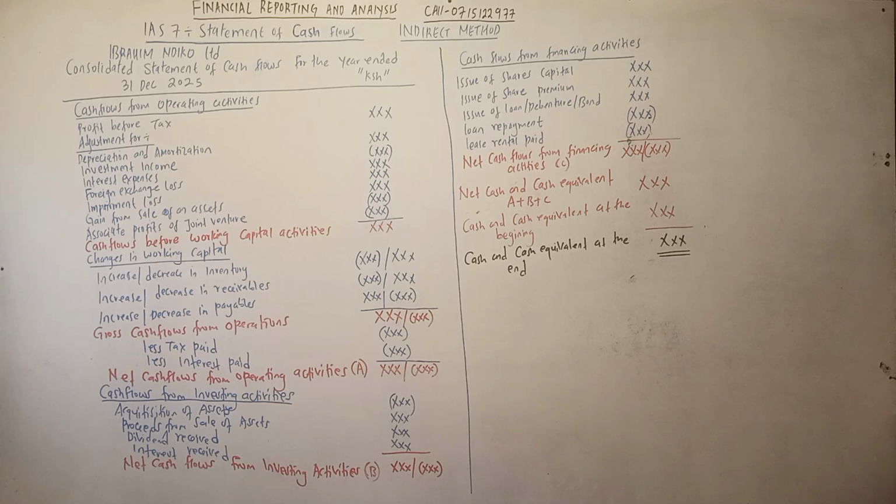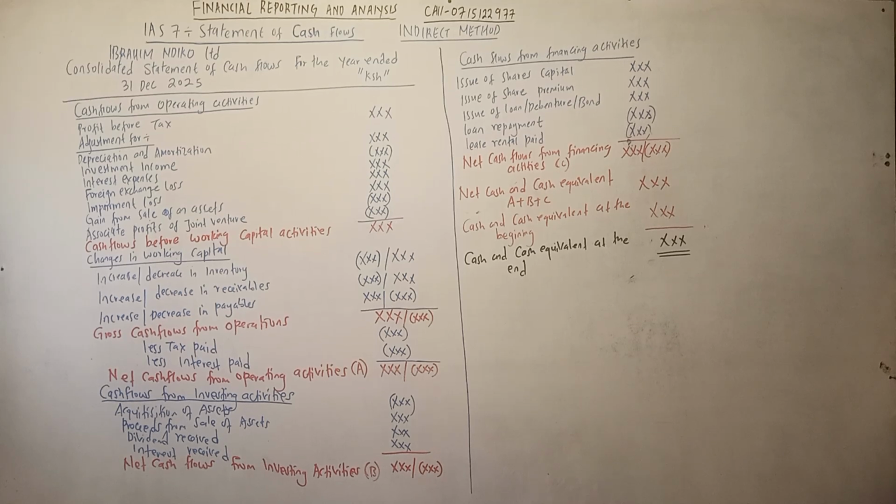So let me share with you. The rest will be the same, apart from the cash flow from operating activities. So let us have a format, just a small format.